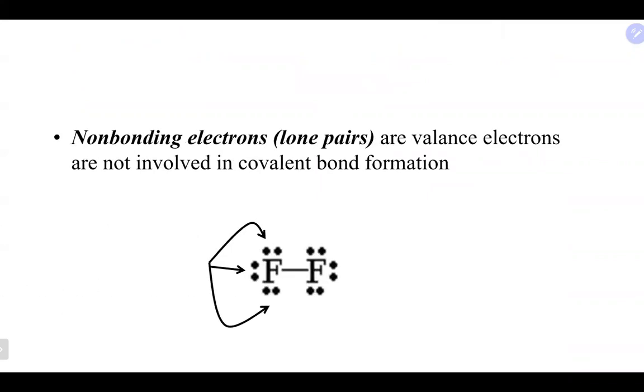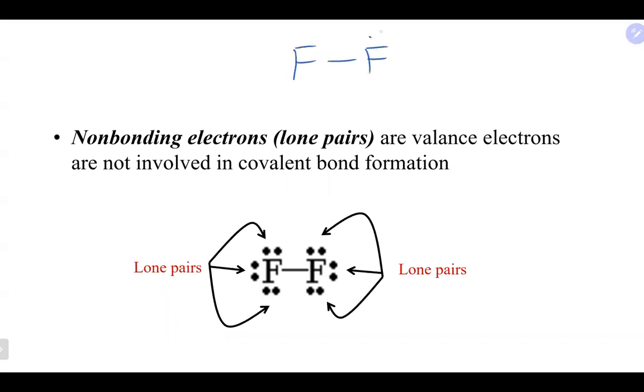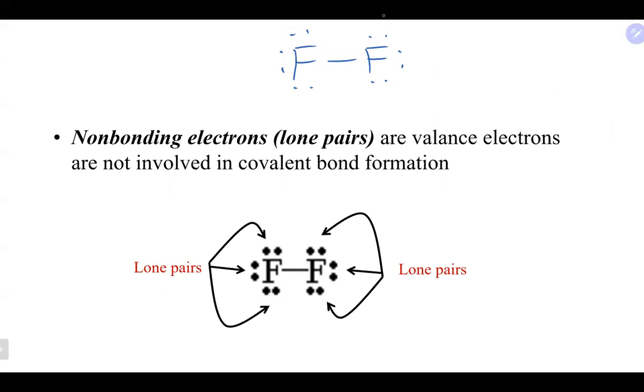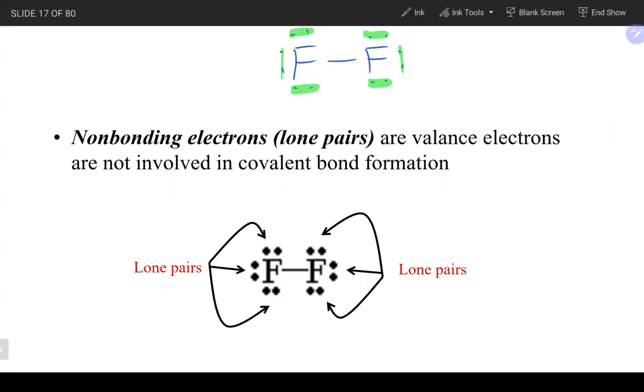So when we look at a structure such as this, and again, I'll pop it up a little bit higher so it's easier to see. All the electrons that are not involved in bonding, so those are pretty much our dots here in this picture, those all are what are referred to as lone pairs, if you're old like me.